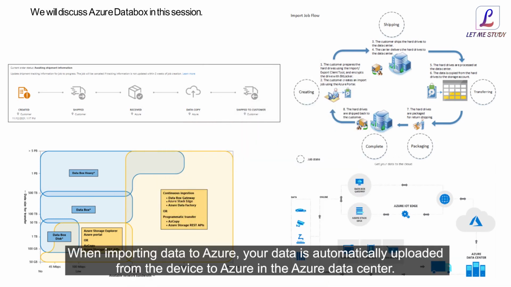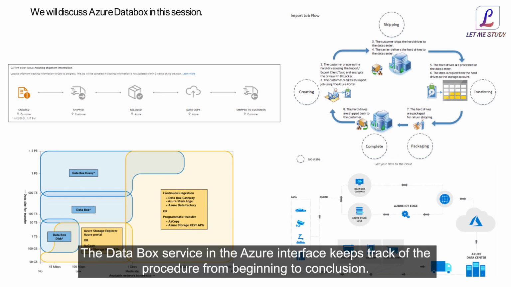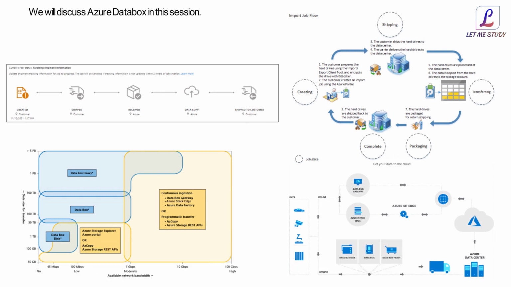When importing data to Azure, your data is automatically uploaded from the device to Azure in the Azure data center. The Data Box service in the Azure interface keeps track of the procedure from beginning to conclusion.